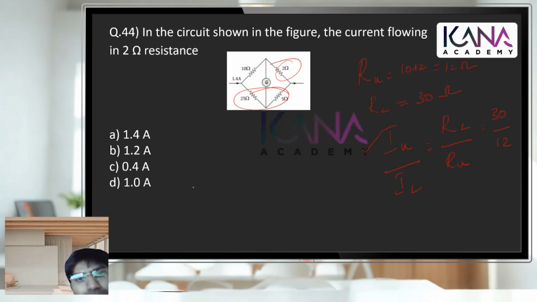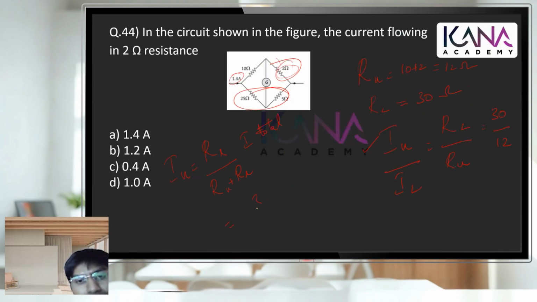So we need to find the current flowing in the 2 ohm resistance, given the total current is 1.4 amps. The upper branch current IU can be written as R lower by (R upper plus R lower) times I total.